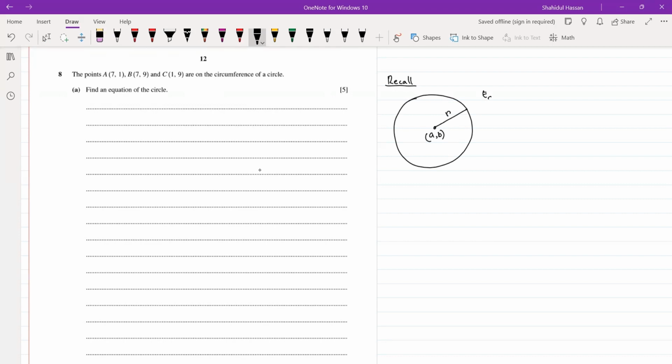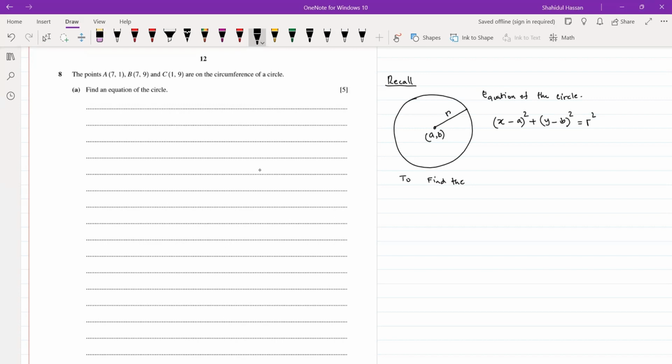Therefore, for this, the equation of the circle should be (x minus x coordinate of the center) squared plus (y minus y coordinate of the center) squared is equal to r squared. So please try to understand that. This is how we find the equation of a circle. To find the equation of a circle, we need two things. Remember this.